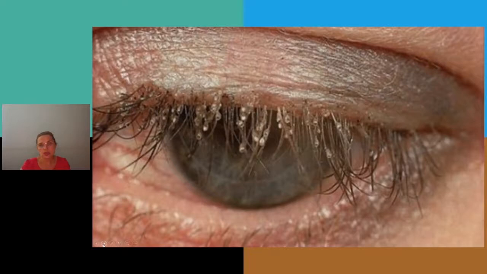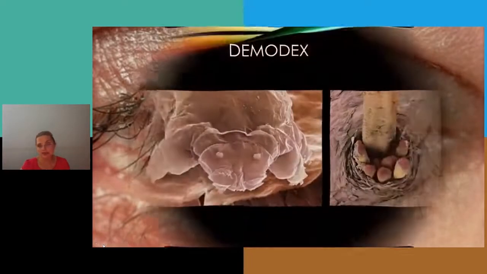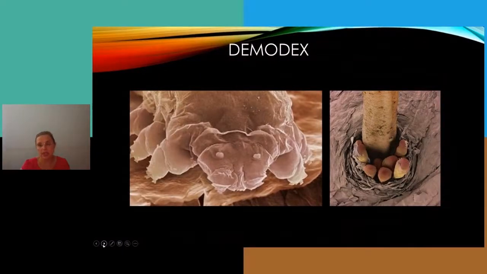Another issue is this one, and I'm not pointing it out because I like the condition. I'm pointing it out because most of my patients with aniridia also suffer from Demodex. And this is a relatively easy disease to treat.